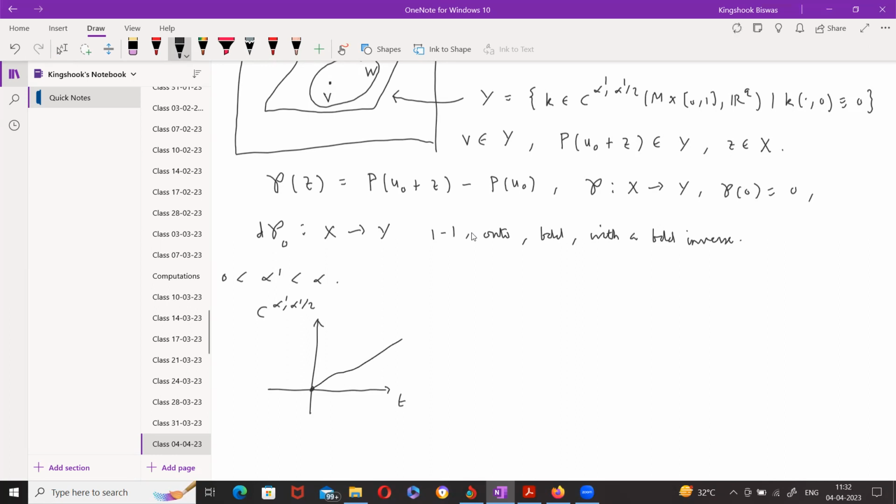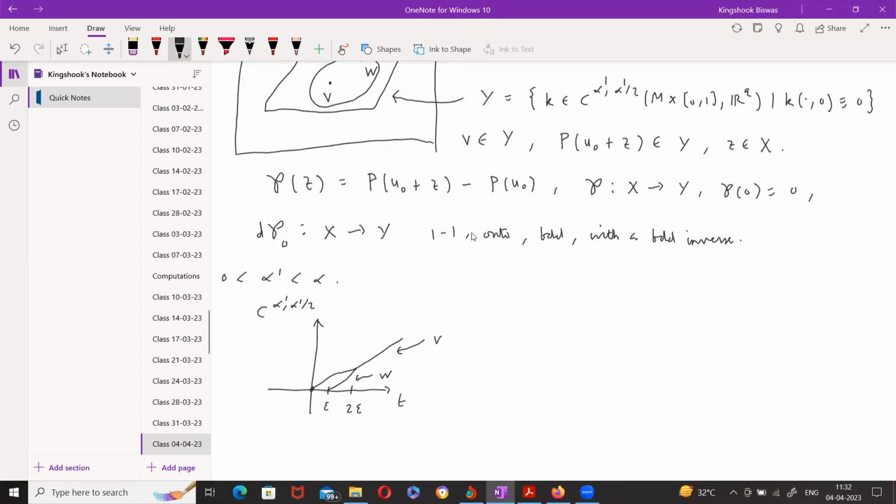And then it looks like something. And what we're doing is perturbing it to a W, which is 0 up to time epsilon, and then after time 2 epsilon, it equals V. So this curve is V, and this curve here is W, right?